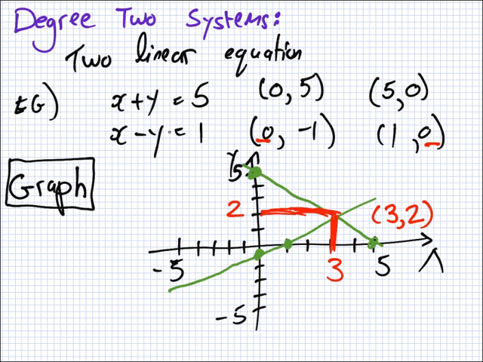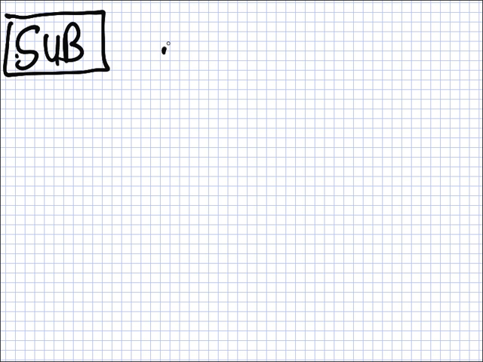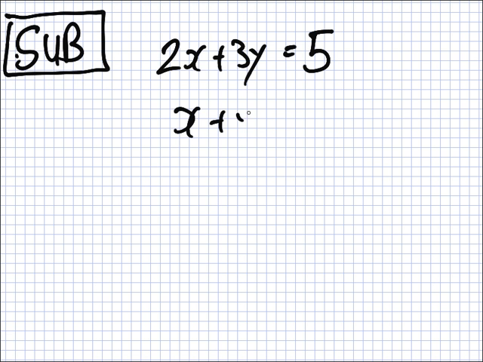We'll have a look now at the second method. Can I scroll down? So the second method is substitution. So in this method, let's take an example. 2x plus 3y equals 5, and x plus y equals 2.